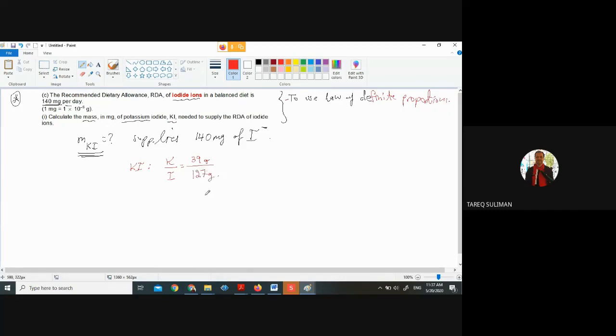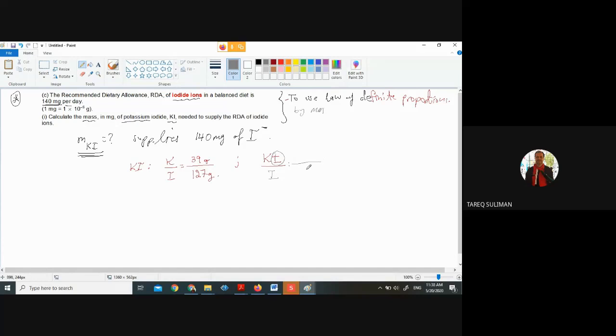So they react this way. Or we can say in every 1 mole of KI, how many moles of I are present? Yes, only 1 mole of I is present. Clear? So what is the ratio by mass? Law of definite proportions by mass.